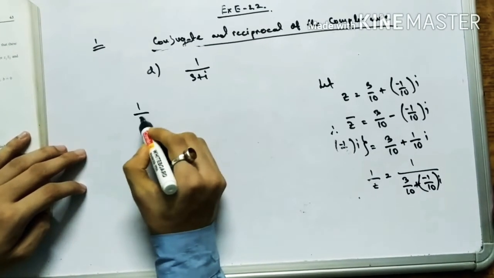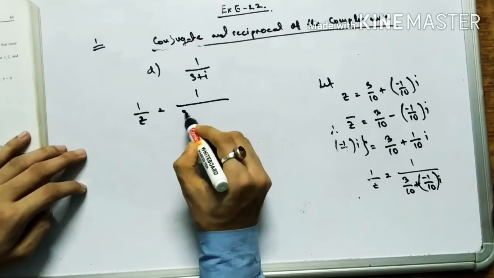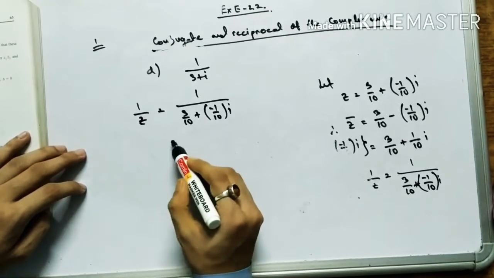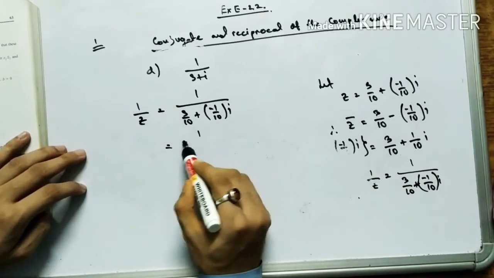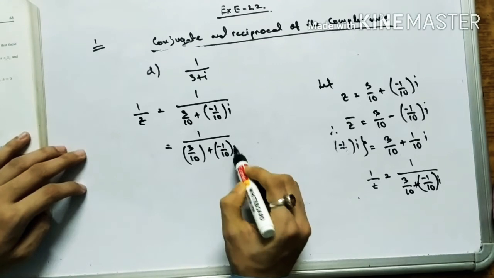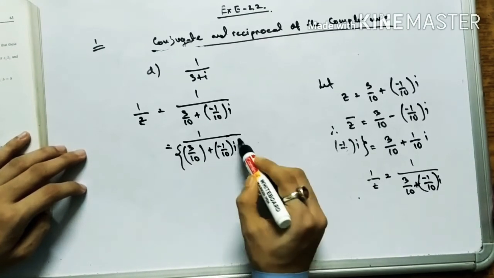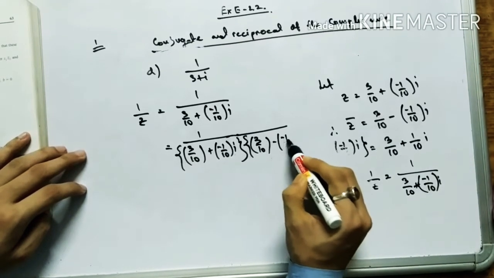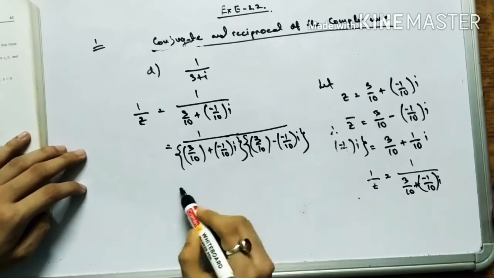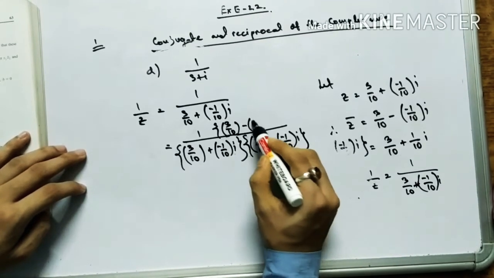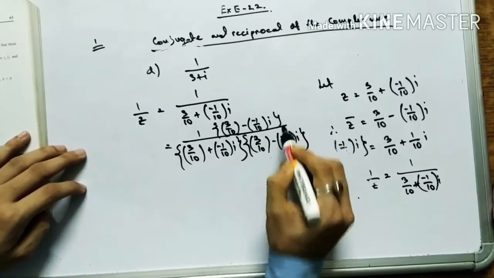So 1 by z is equal to 1 by 3 by 10 plus minus 1 by 10 I, multiplied by 3 by 10 minus 1 by 10 I.